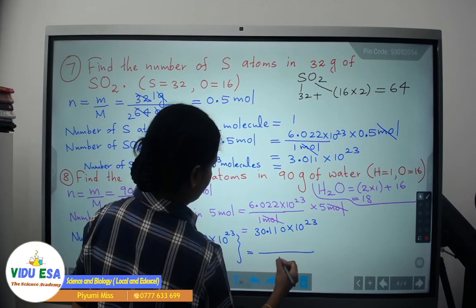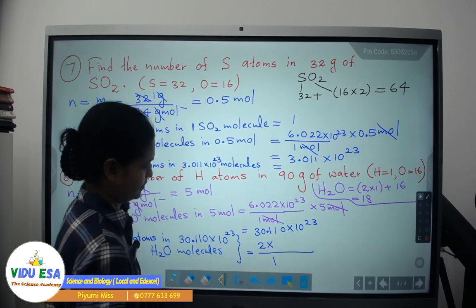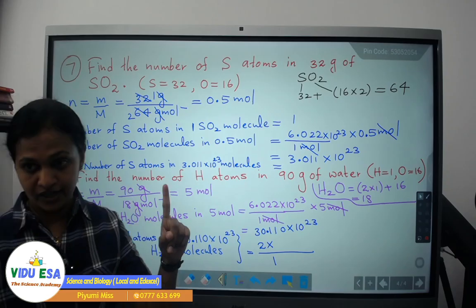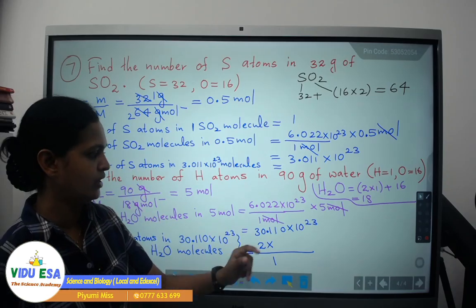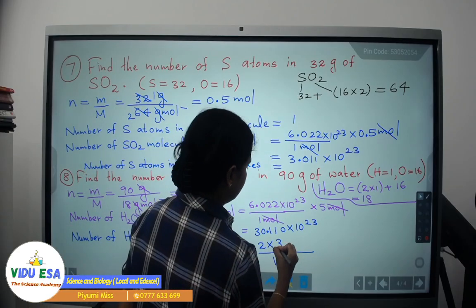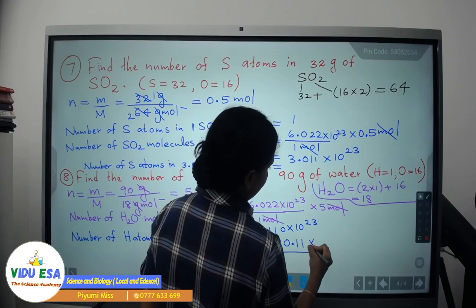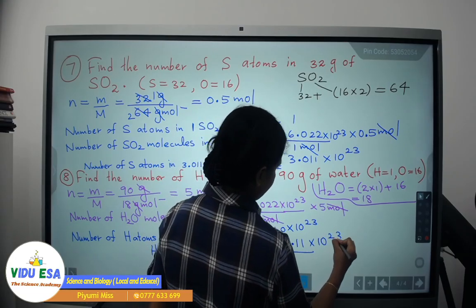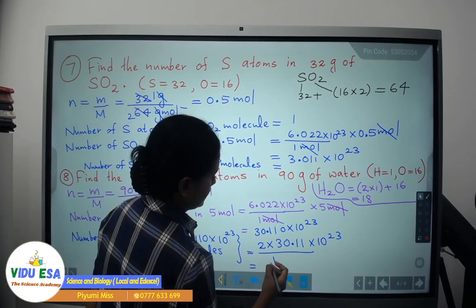Then I can say in one molecule there are 2 hydrogen atoms. In one H2O molecule there are 2 hydrogen atoms. So we have found out there are 30.11 into 10 to the power 23. This is multiplied by 2 once again.